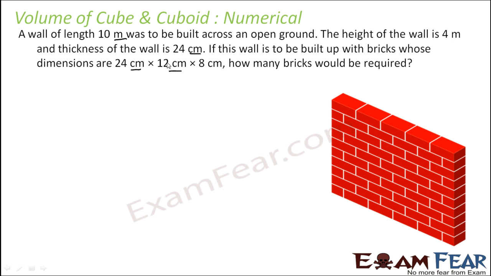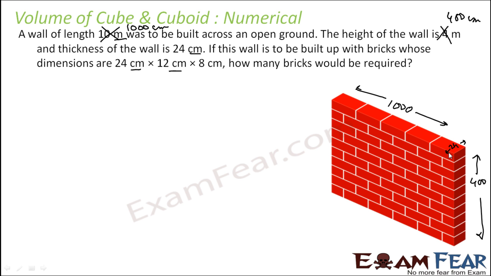So let's put everything in centimeter. 10 meter becomes 1000 centimeter, and 4 meter becomes 400 centimeter. So the length is 1000 centimeter, the height is 400 centimeter, and the thickness of the wall is 24 centimeter.